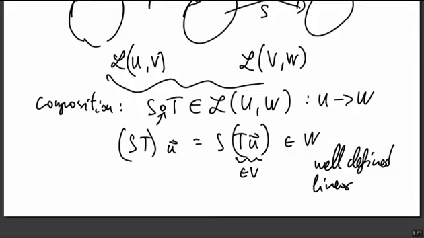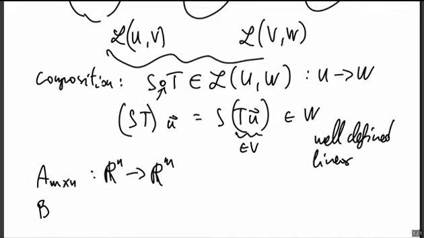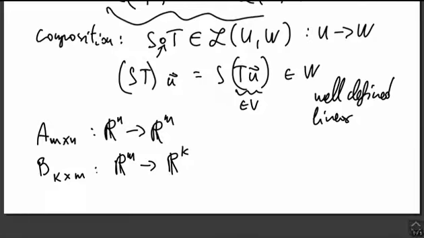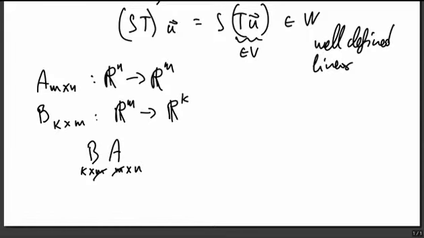Again, it is some work to see that this is well defined, and also that it is linear. If you want to see something similar with matrix mappings, the idea would be that if you have an m by n matrix A mapping from Rn into Rm, and a matrix B which is, let's say, K by M, that means it maps from Rm into Rk. Then the way you can combine the two matrices is written as BA, because you have sizes K by M and M by N, so these middle dimensions agree, and the result will be a K by N matrix.